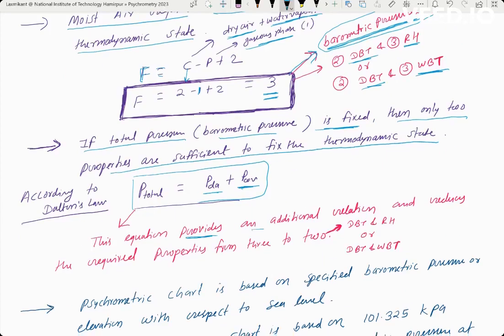This provides an additional relation and reduces the properties from 3 to 2, that is, DBT and RH or DBT and WBT. So for a given barometric pressure we require two independent properties, either DBT and RH or DBT and WBT.